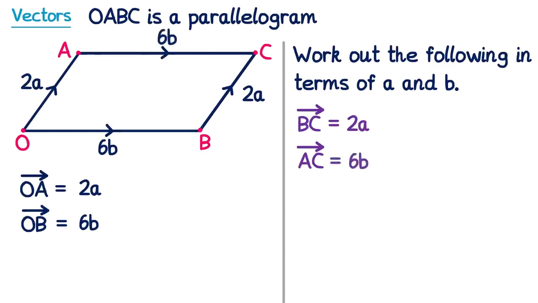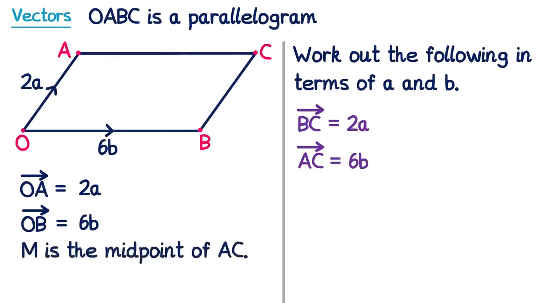So AC is 6B. Next, we're going to add some more information to this question. M is the midpoint of AC. So halfway along the line AC, we're going to find the point M. And we need to work out the vector from A to M. So to get from A to C was 6B.